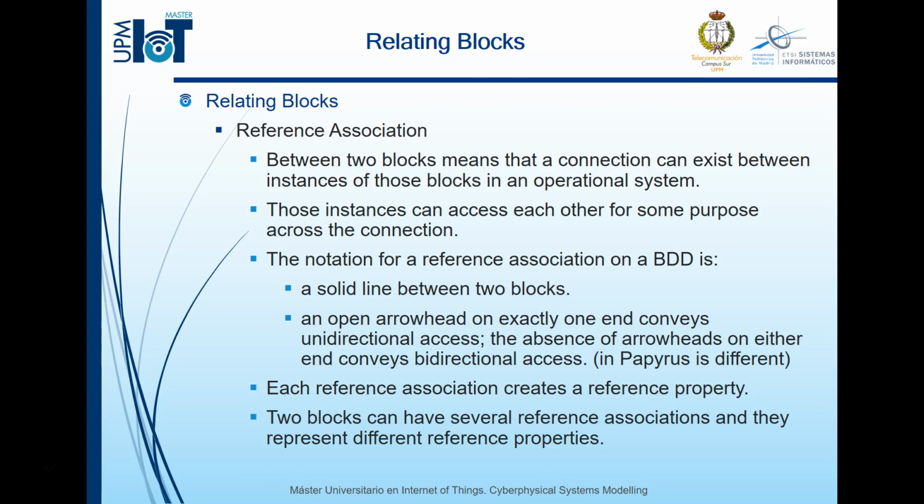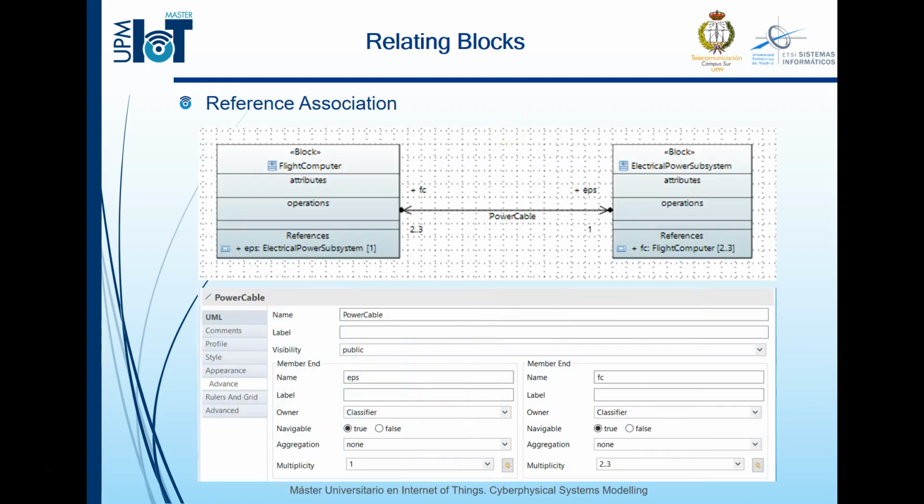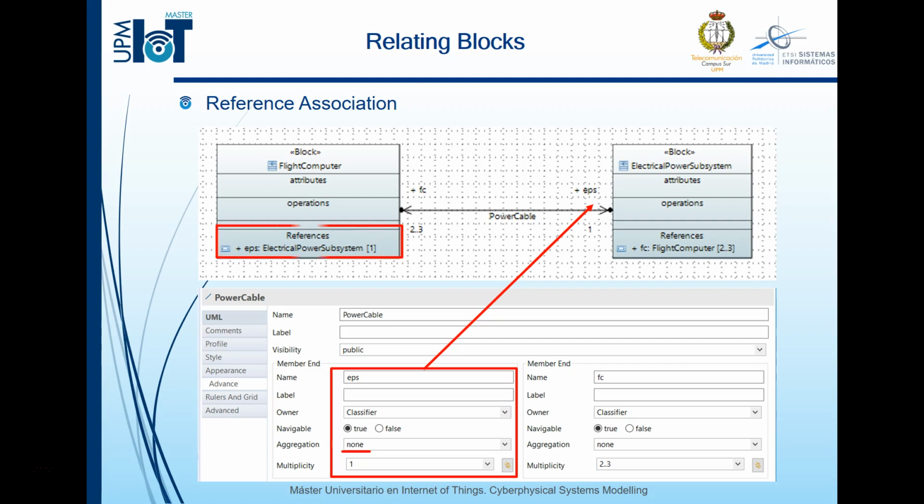So in our case, we have the reference association here with the solid line, the same as before. On the left hand, we have a block to describe one of the ends of the relationship, and on the right hand, we have the other part.